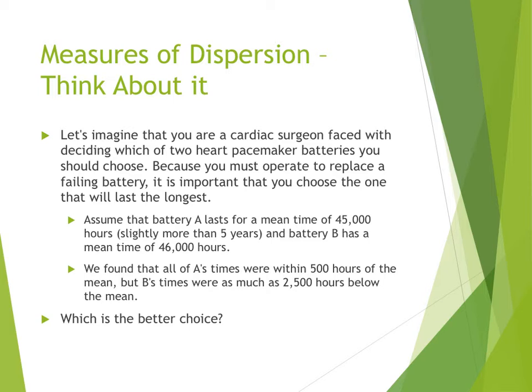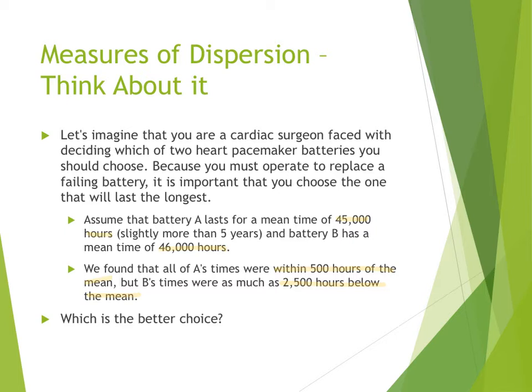So what you have to think about here is not only these mean times of the 45,000 hours and the 46,000 hours, but you have to look at what we're talking about in this second bullet about how much they fall within the mean. So we have that A falls within 500 hours of the mean, and B somewhere as much as 2,500 hours below the mean.